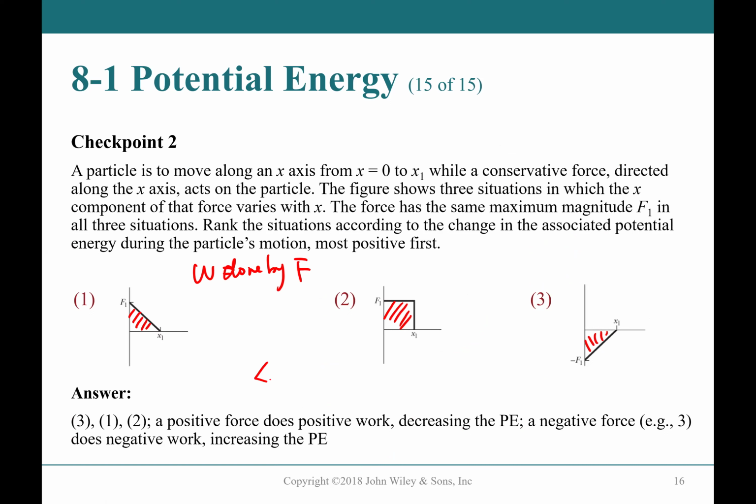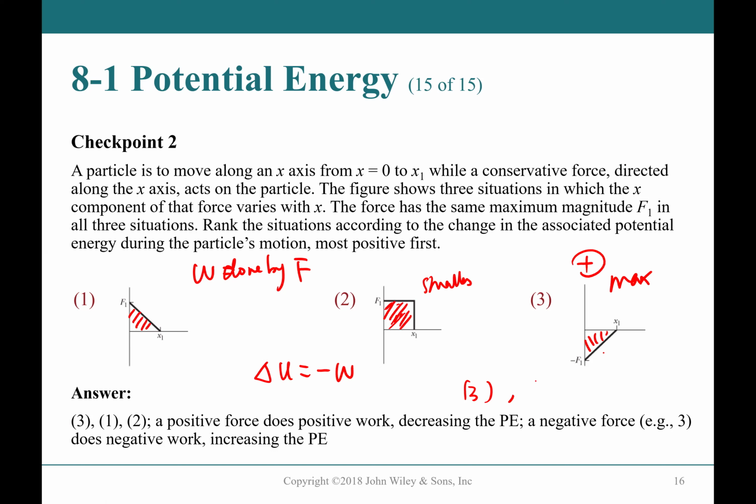And also delta U will be equal to negative work done by the force. So which one is the biggest? This is negative, and negative becomes positive, so this one will be positive. This one here is maximal, with the biggest area, but you need to take the negative. So this one is the smallest because it's the negative of this area.